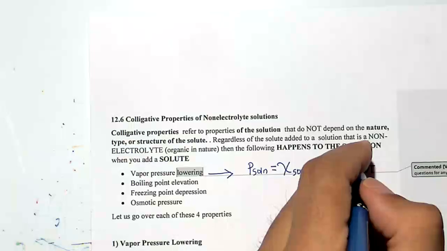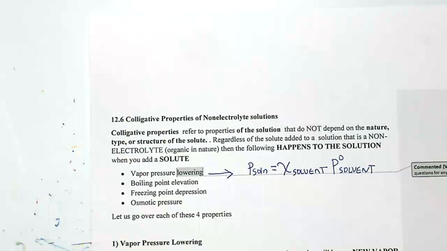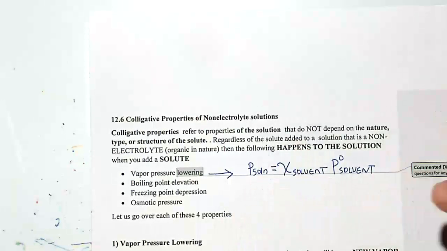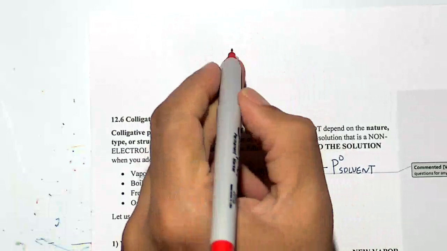What do I mean by neat? Neat means by itself. Vapor pressure of the solvent by itself. We call that neat, like neat dichloromethane, or neat ethanol, or neat hexafluoroisopropanol. Neat just means by itself. That's just the lingo. So I'll give you this on the test.